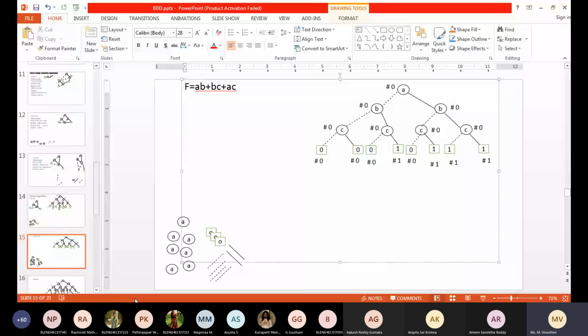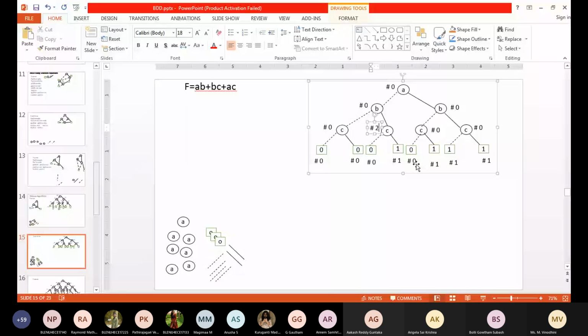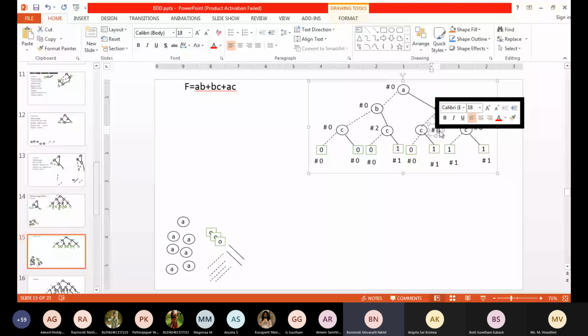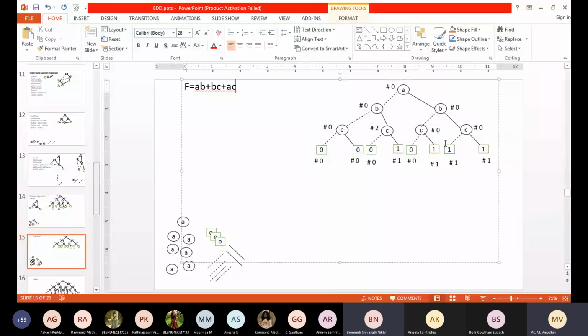Next, Gautam Subhas. 2, ma'am. Okay. Sivanath Nikhil. 2, ma'am. How much Sivanath Nikhil for this C? 2, ma'am. Okay.